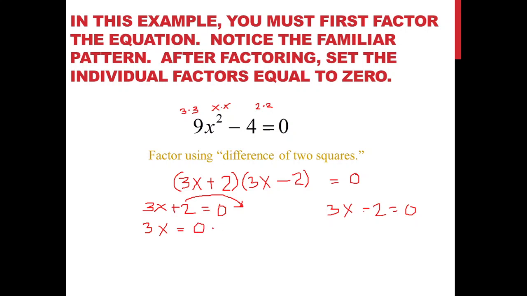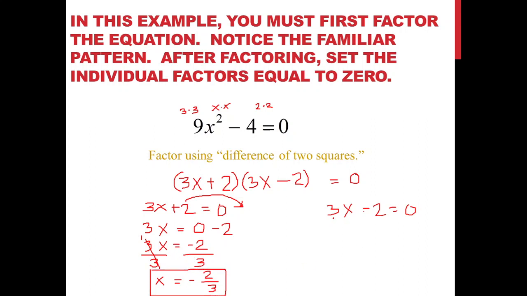My positive 2 becomes negative 2. Simplifying this one, I have 3x equals 0 minus 2, which is equal to negative 2. We need to eliminate the numerical coefficient of x. The only way to eliminate that is to divide both sides by 3. 3 divided by 3 is 1. 1 becomes an imaginary number. So what's left is x equals negative 2/3. This is the first value of x.